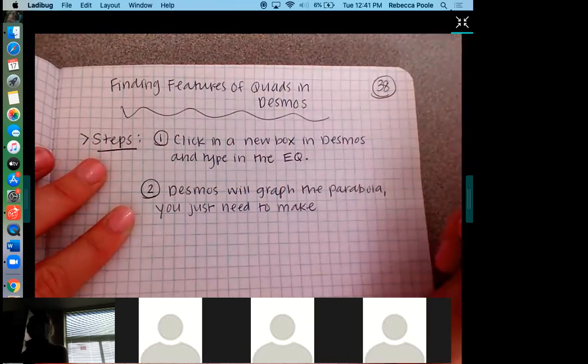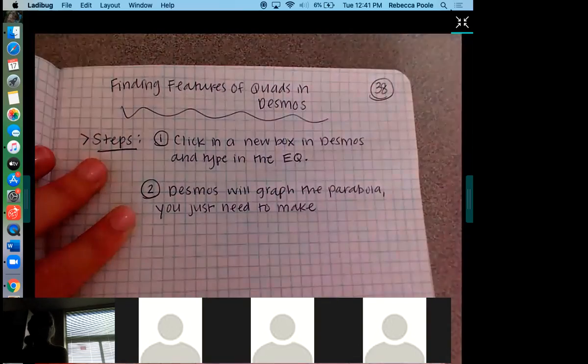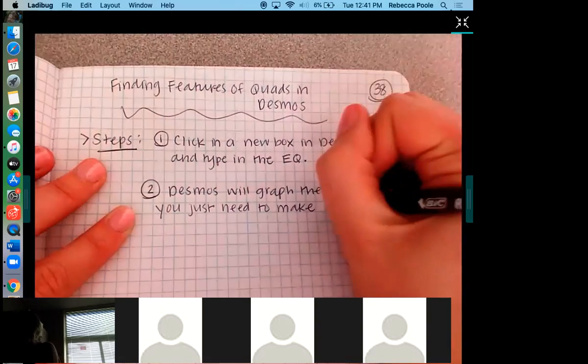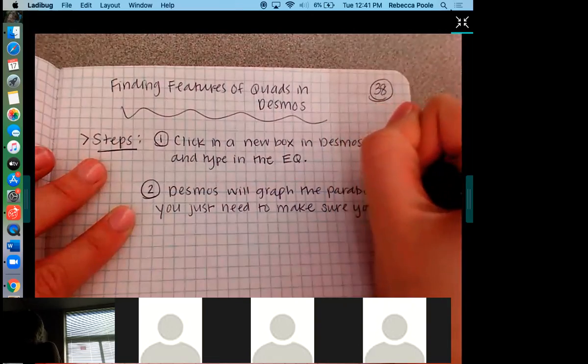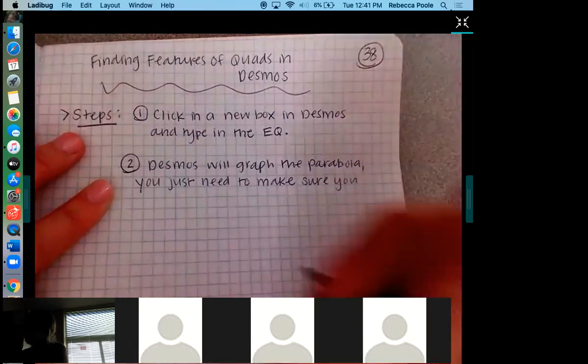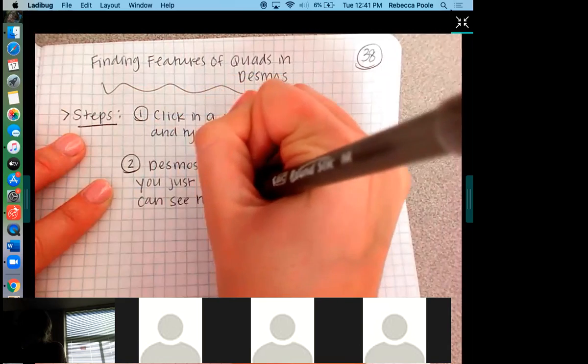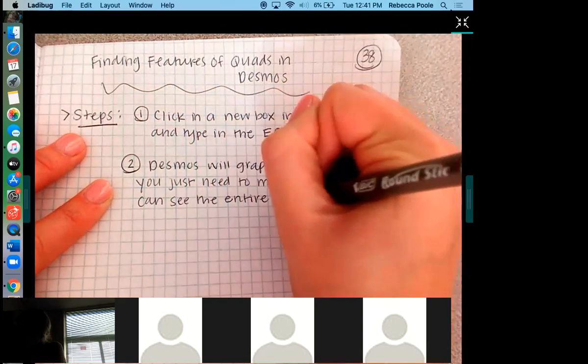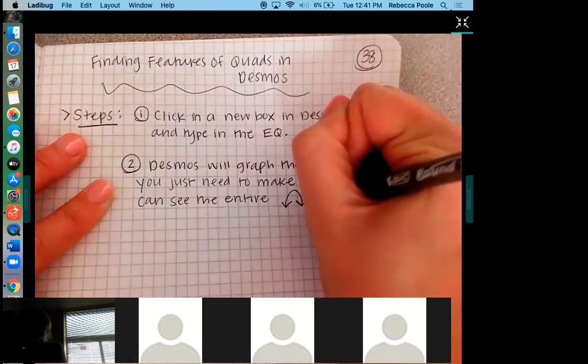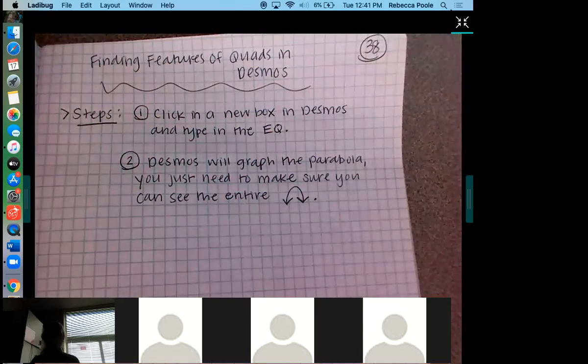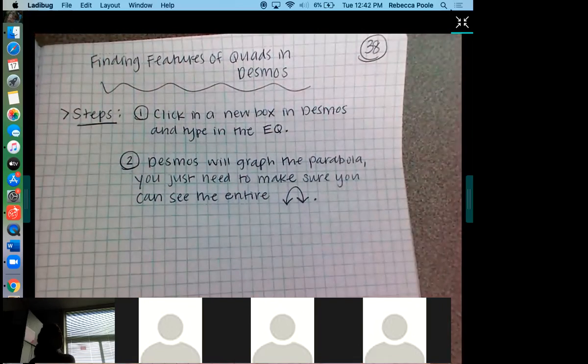You just need to make sure that you can see the whole U shape, okay? If you can't see the whole U shape, then you're not going to be able to find everything. So you just need to make sure you can see the entire U. So make sure you can see where it crosses the X and Y, and you can see the top or the bottom, okay?